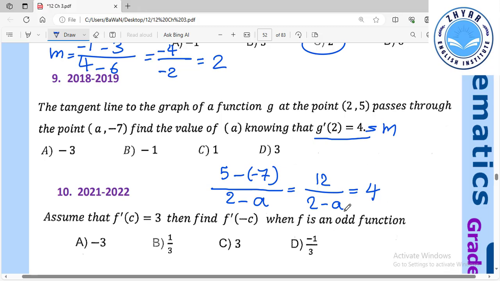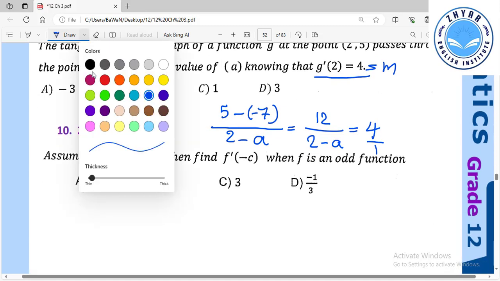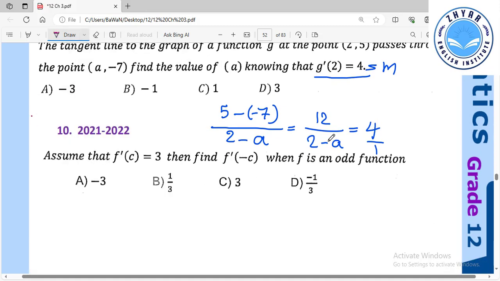Now we have to do cross multiplying. This is over 1. So 4 times 2, let's write the equation here. 4 times 2 is 8, minus 4 times A is 4A, equal to 1 times 12 is 12.